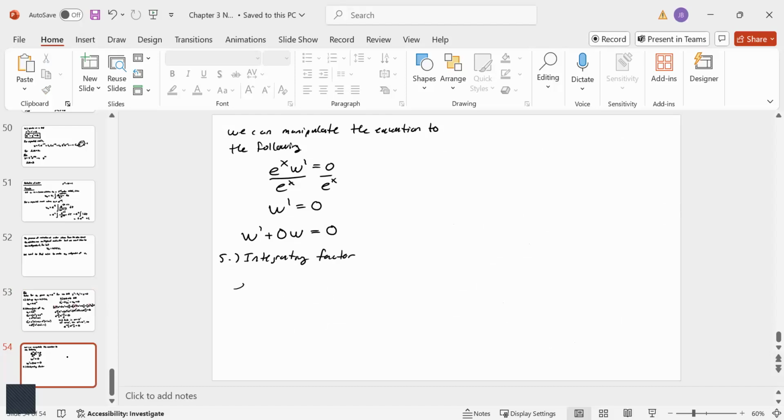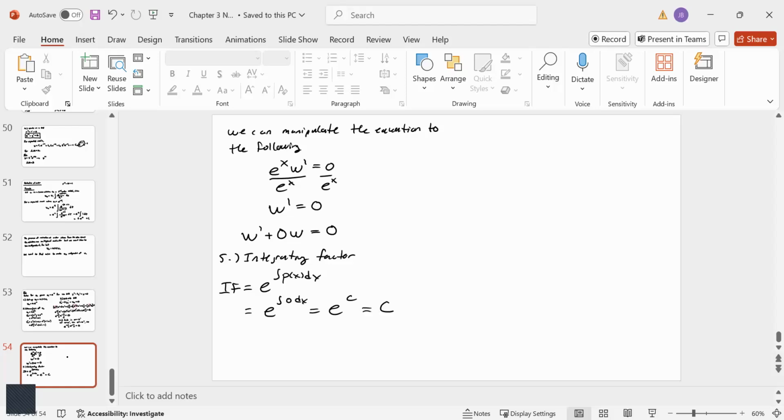I'll just say IF for integrating factor is equal to e to the integral of p of x dx, which is just going to be e to the integral of 0 dx, which is equal to e to the c, like that. And we can just call that c. So there's our constant. So why do we do this?